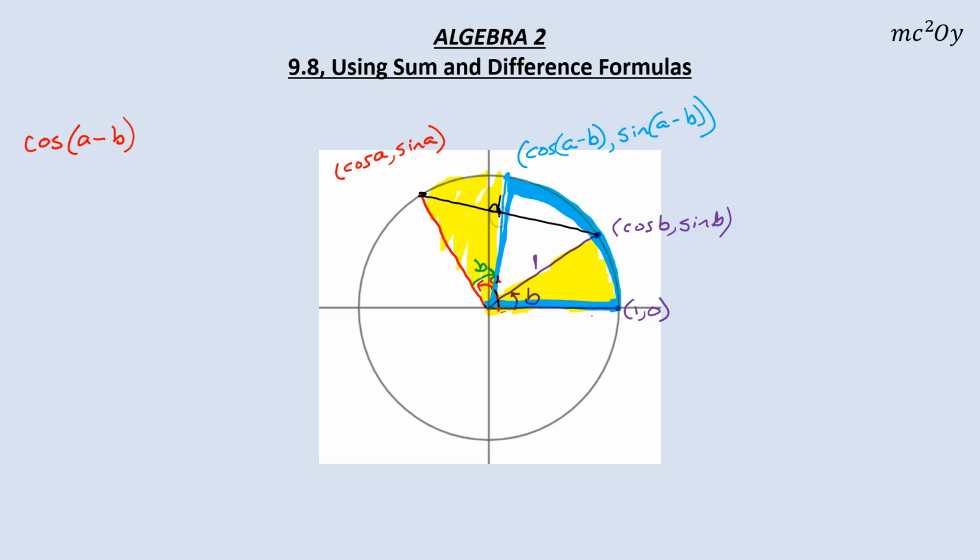Okay, that distance right there should be the same as, say, this distance that goes from here to here, because they both take angle A and exclude the length of B. So rather than counting B here, we're going from where B stopped to A. Rather than counting B here, we're going from where A was, excluding B. So those two distances should be the same.